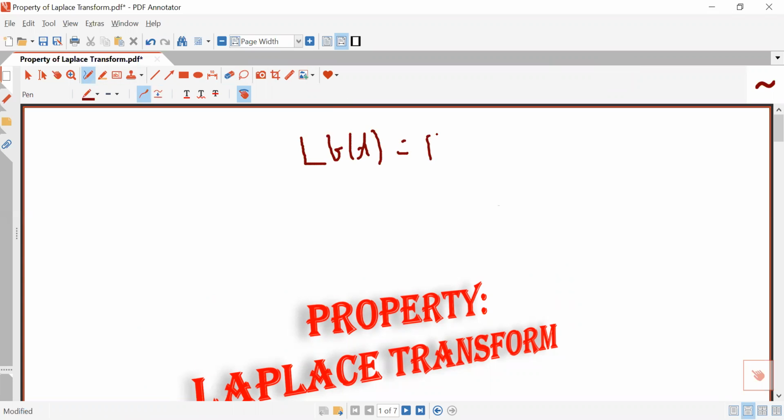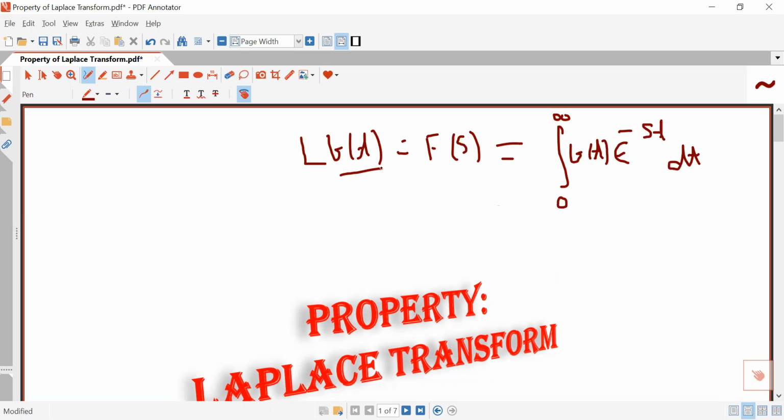will be equal to F(s), function of s, and this F(s) can be calculated from this integral, 0 to infinity, f(t) e to the power minus st dt. This is the mathematical expression through which you can derive Laplace transform of any function f(t).